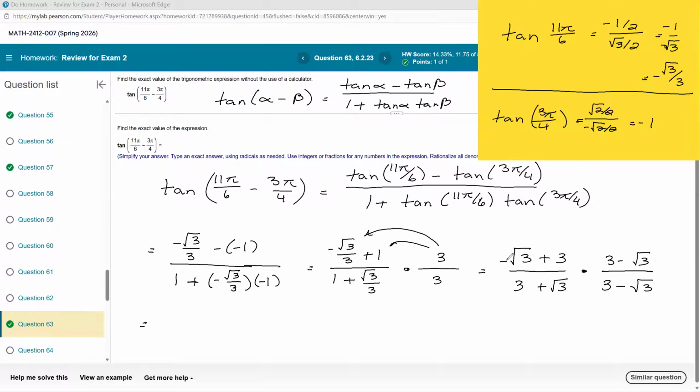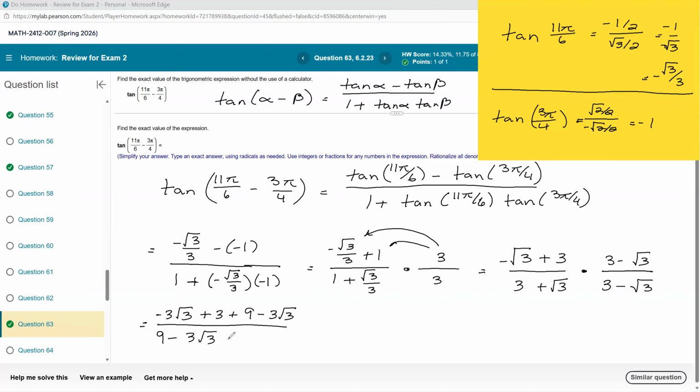So if we do that and we distribute, negative square root of 3 times 3 is negative 3 square root of 3. Negative square root of 3 times negative square root of 3 is plus 3. 3 times 3 is plus 9. 3 times negative square root of 3 is negative 3 square root of 3. On the bottom, 3 times 3 is 9. 3 times minus square root of 3 is minus 3 square root of 3.